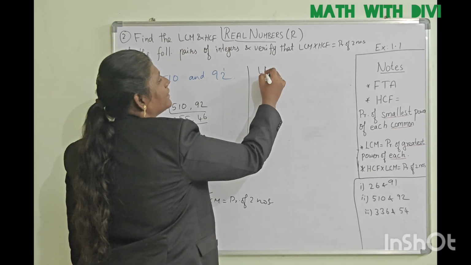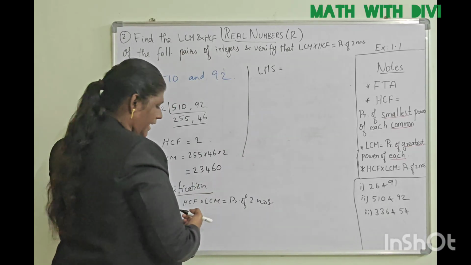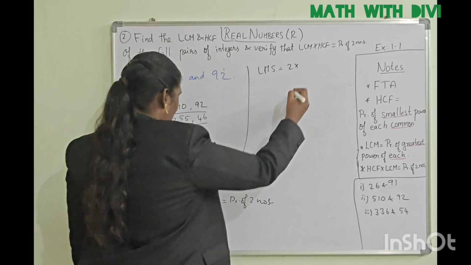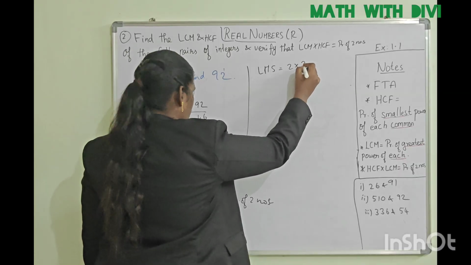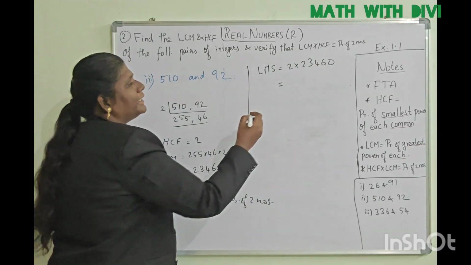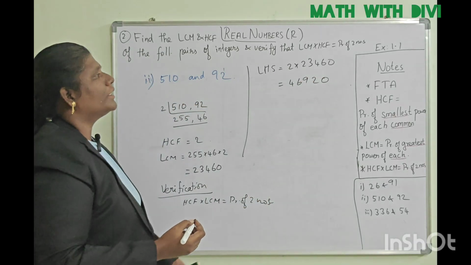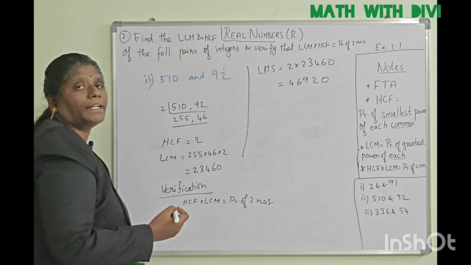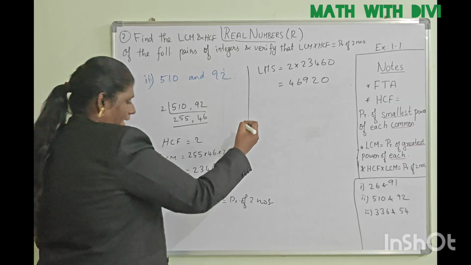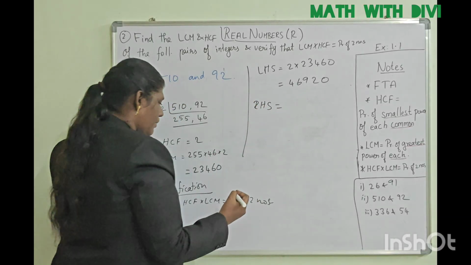Left hand side is equal to HCF 2 and LCM 23460. So if we multiply that, 46920, right?